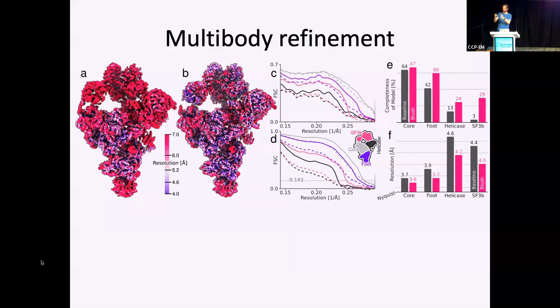And there, if you would choose your bodies too small, you would again run into the problem of overfitting. And you can also switch on this Blush regularization in multi-body refinement. And this is our normal multi-body refinement of this spliceosome data set, and this is after Blush. And again, ModelAngelo models get much more complete, FSCs improve, etc.